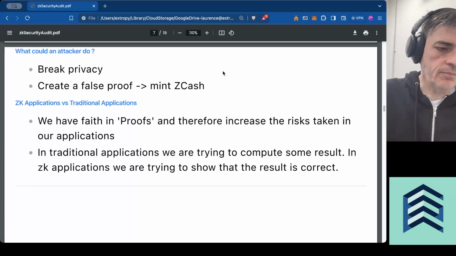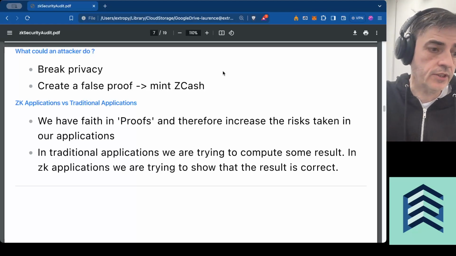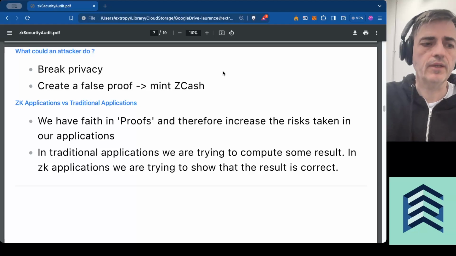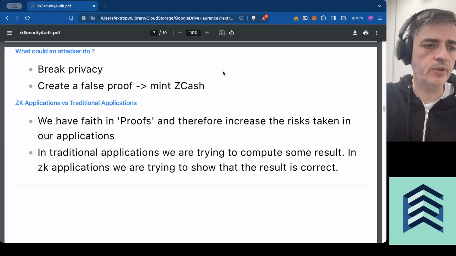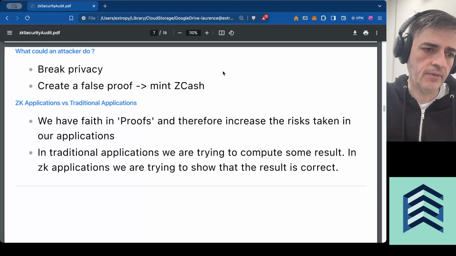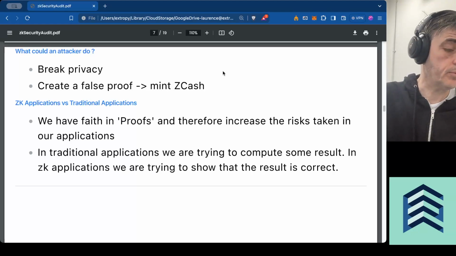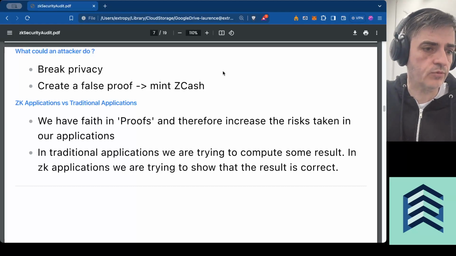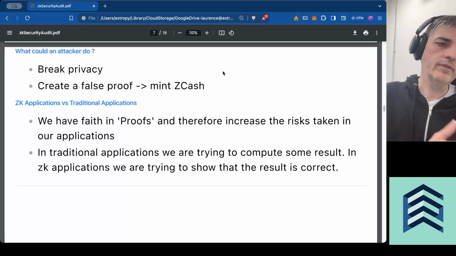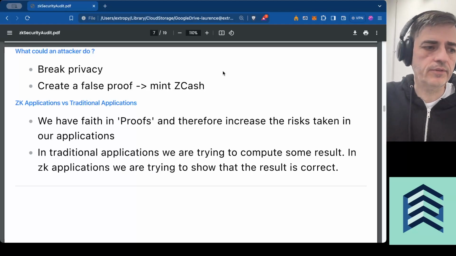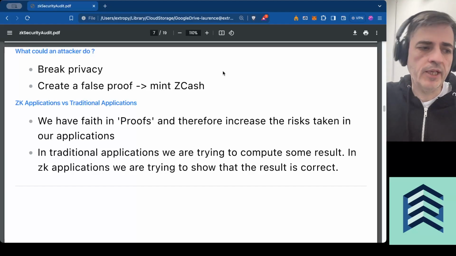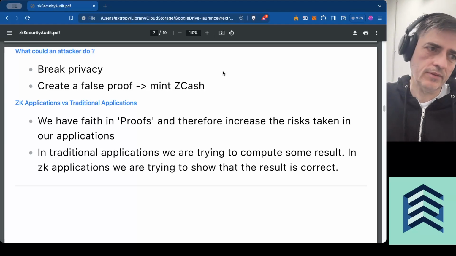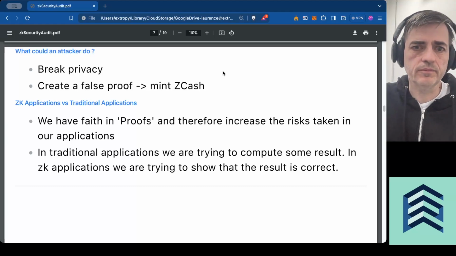For example, if you have a solidity contract and you claim that that is doing something, maybe you would check that, maybe you would be less likely to accept that immediately. Whereas if someone creates a proof about some fact, I think you're more likely to believe that without further checking. So I think that in this way they are more powerful. They are more likely to be accepted, and therefore we may take less security or use less security in these applications than we normally would.